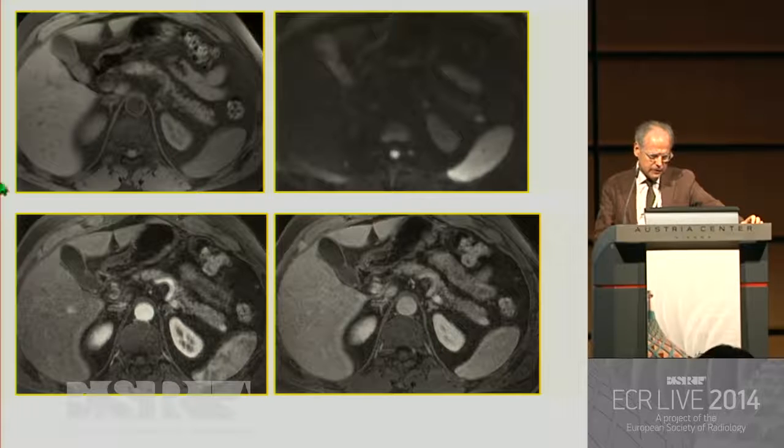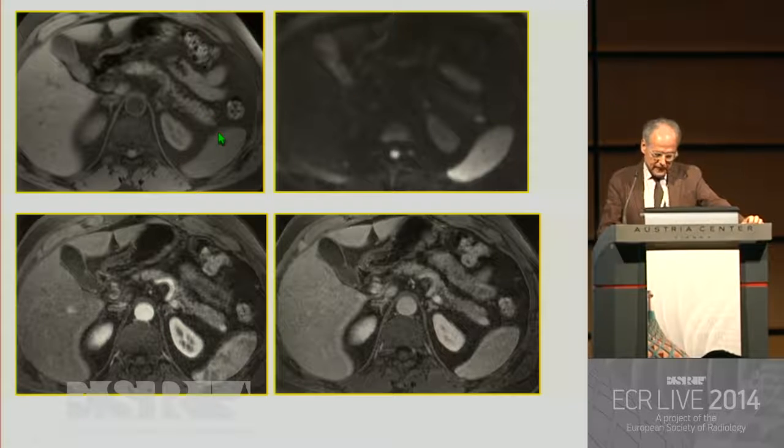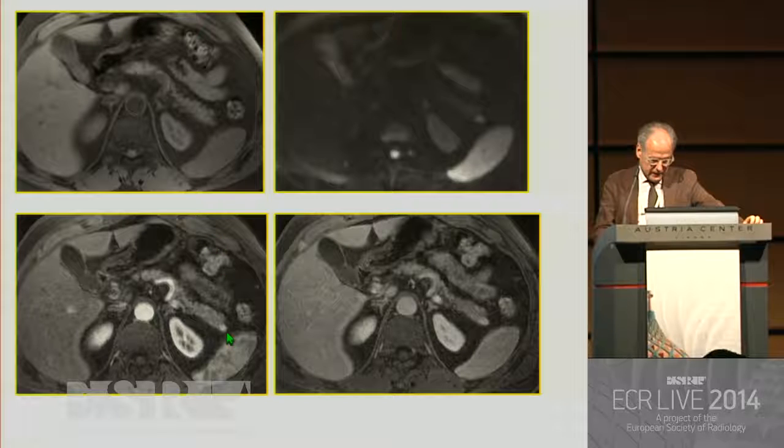So at MR imaging, we see probably in this T1-weighted FATSAT image a low signal intensity area in the tail of the pancreas, which is highly vascular following contrast administration, with decrease in the portal phase. We added to the protocol diffusion-weighted imaging, and we can see that there is high signal intensity.